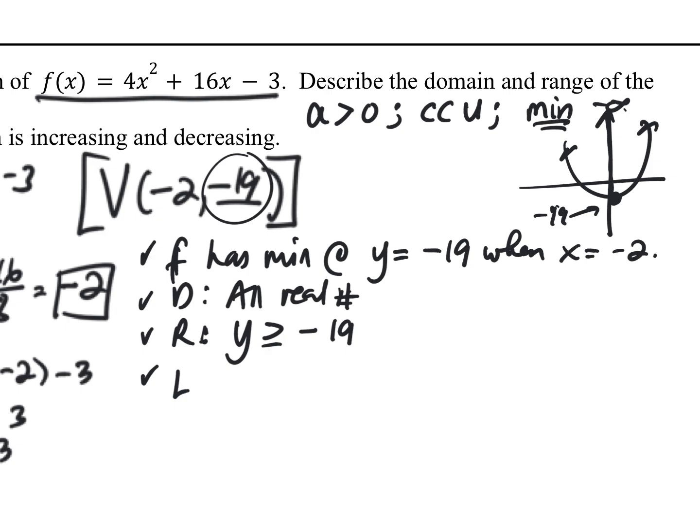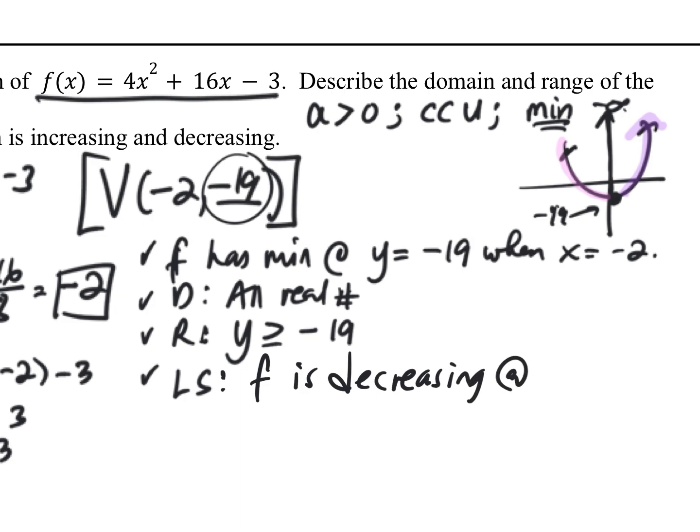And last, where is the function increasing? So look at your graph on the left side. Remember, once again, don't forget to always look at your left side and your right side here. If you're looking from the left side, the function f is decreasing. At which value of x?